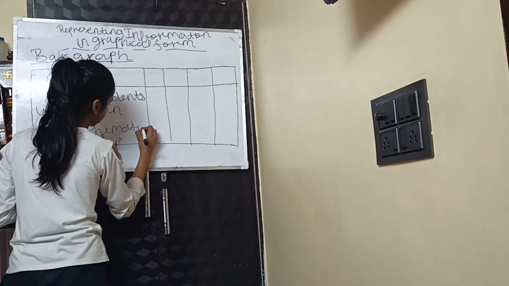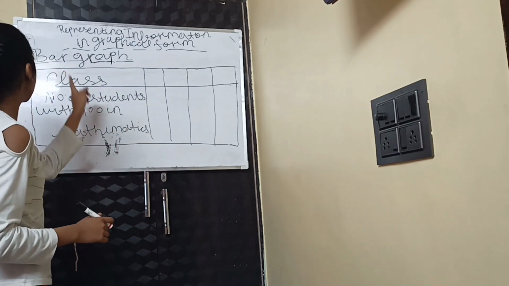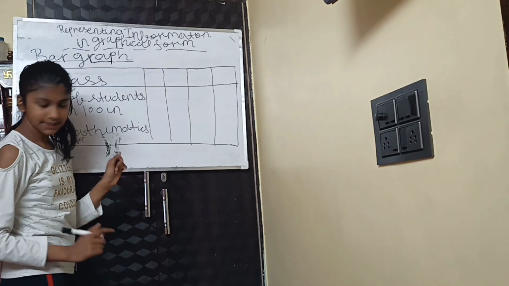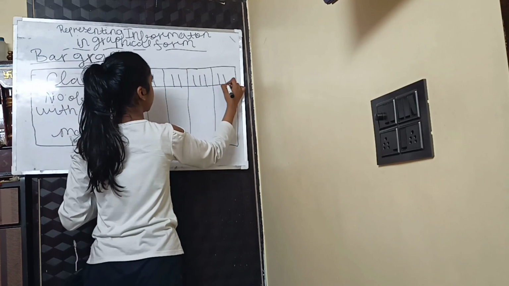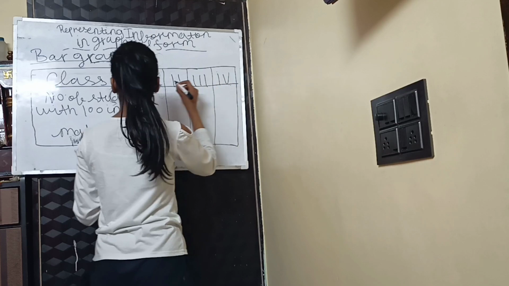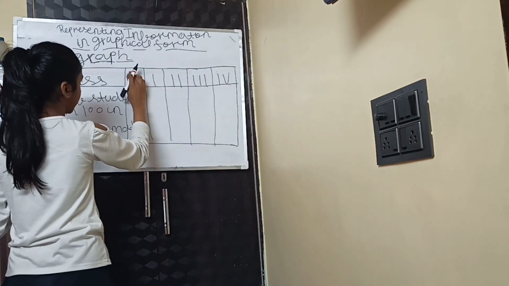So we have to do it like this. Class, number of students with 100 in mathematics. First we write classes. Classes were 1, 2, 3, 4, and we were having 5 also. I'm so sorry, we were having 5 also.